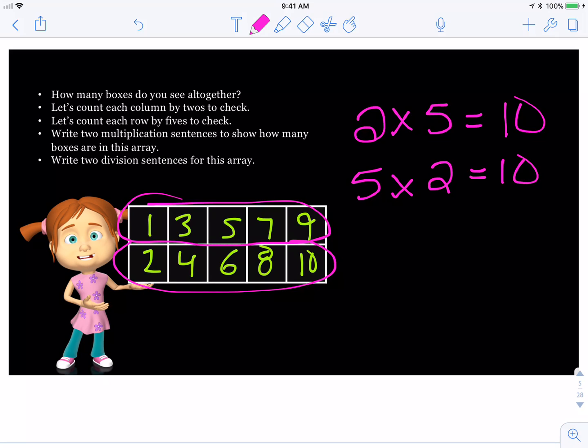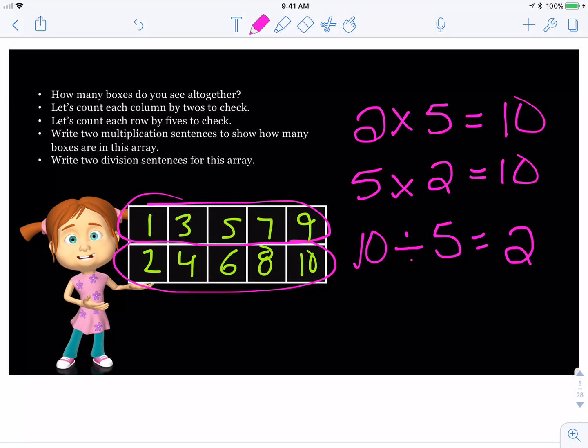Now you're going to write 2 division sentences for this array. So we're going to start with 10 boxes, and if we divide them by 5 columns, we have 2 in each column.